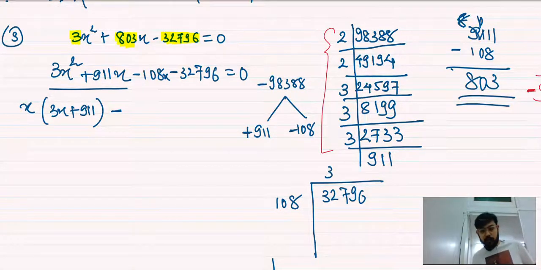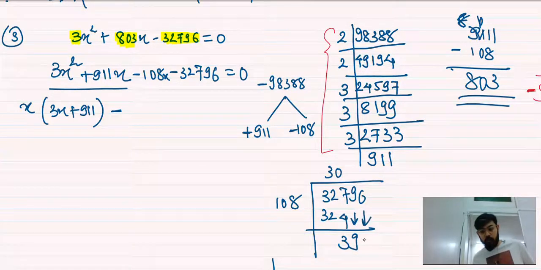So 108 3s are 324. The remainder is 3, and 9 comes down. Now that is definitely a smaller number, so I'll put 0 over here, and I'll bring 6 down. So 396.